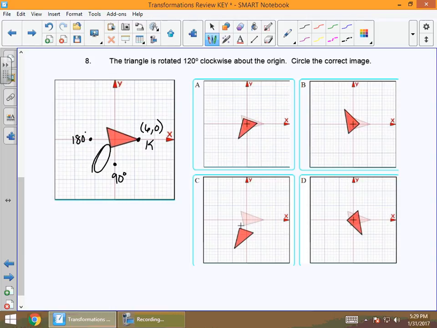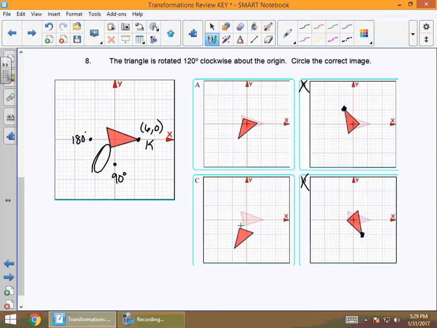As I look at my answers, A might be there. C might be there. B and D are not. Here, that is completely in the wrong spot, and D down here, that's completely in the wrong spot. So I can now get it narrowed down to a decent guess.